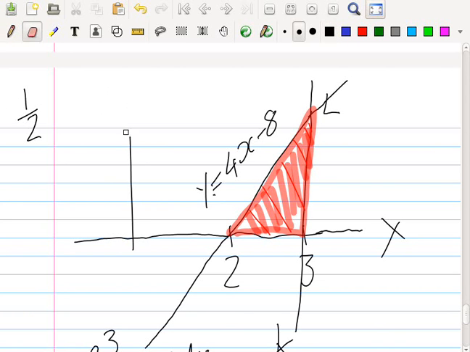What's the base here? How big is the base? 1. And then multiply the height. How can I find the height here? I put 3 inside of which function? The only one I have here. So 4 times 3, 12 minus 8? 4. A half times 1 times 4?